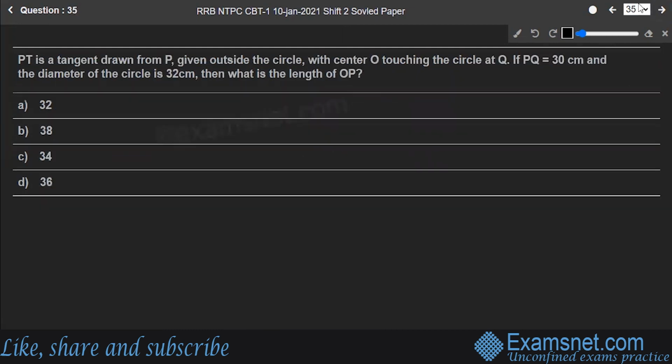PT is a tangent drawn from P given outside the circle with center O touching the circle at Q. Okay, let's do one thing. Let's make the figure. So make a circle first. PT is a tangent from point P. So let this be the point P and PT is a tangent.